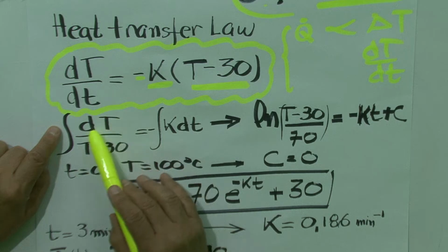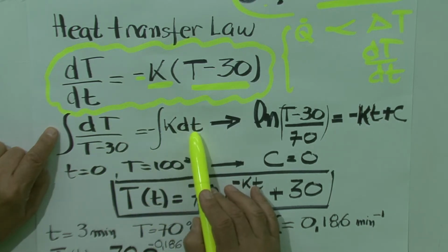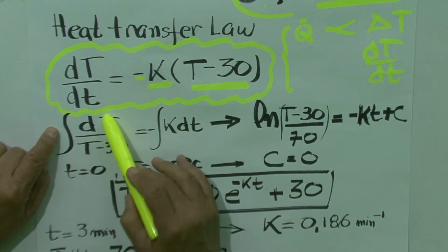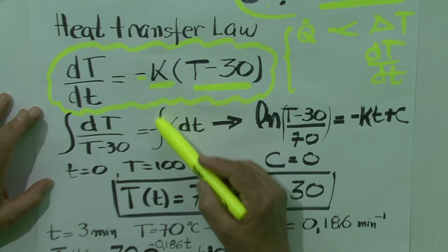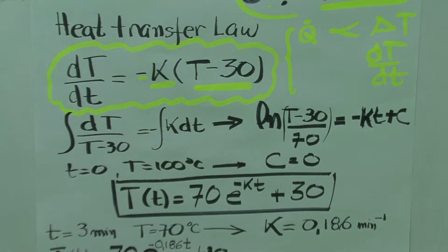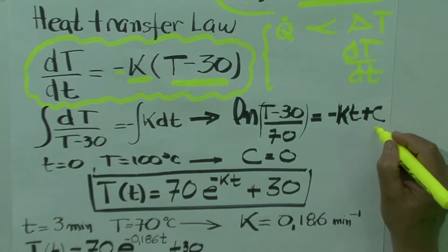So I have dT over T minus 30 has to be minus k dt. T temperature, t time. And of course, now I can integrate this. It is an indefinite integral, not with limits, so I'm going to end up with a constant.